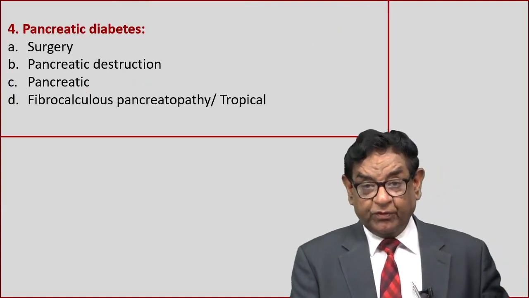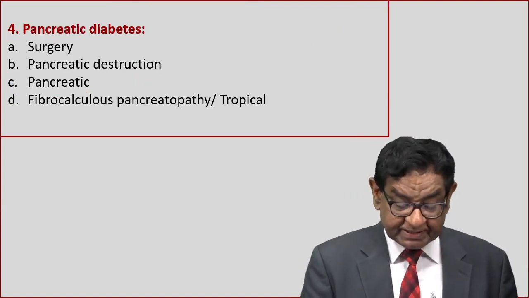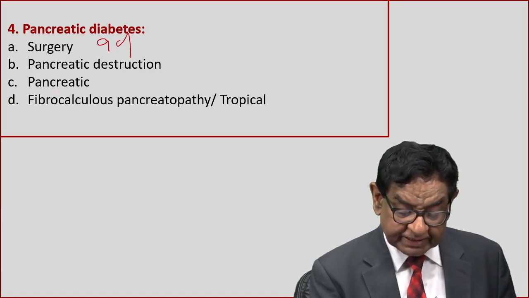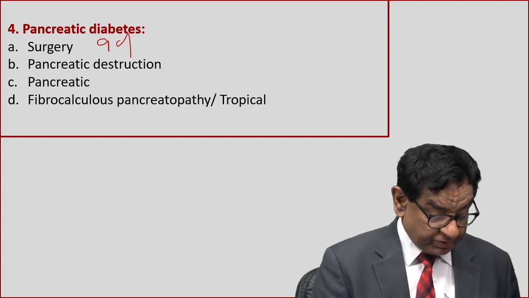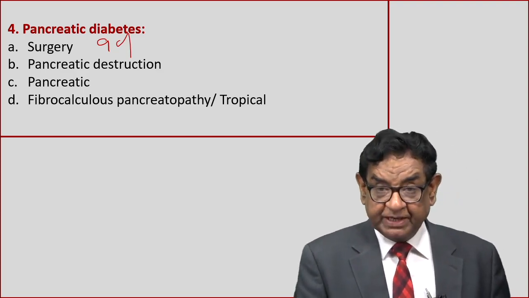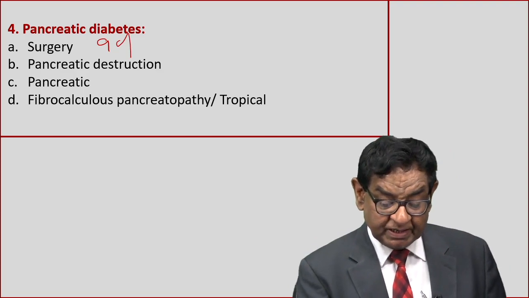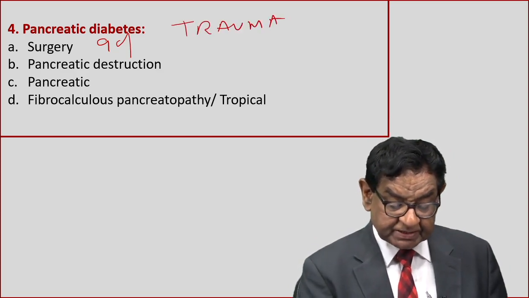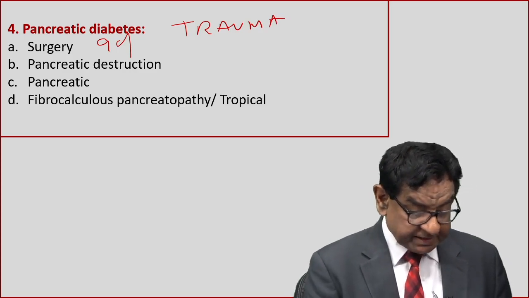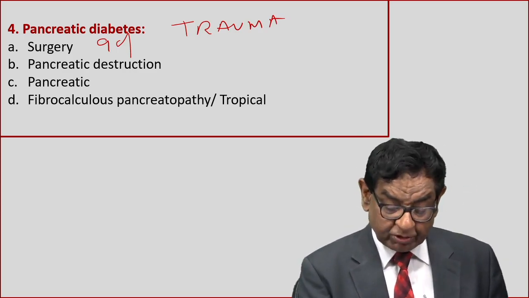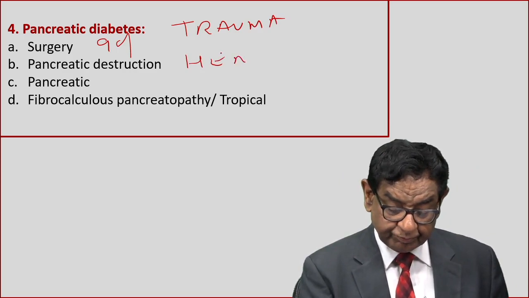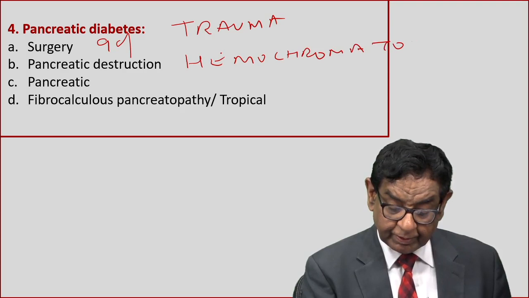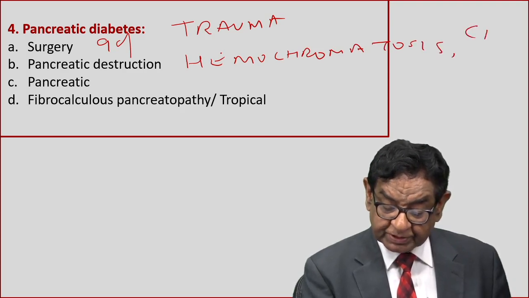Then the fourth cause of hyperglycemia is pancreatic disease or surgery. If more than 70% of the pancreas has been removed for any reason, or due to pancreatic trauma, that can lead to hyperglycemia. Pancreatic destruction classically occurs in hemochromatosis and cystic fibrosis.